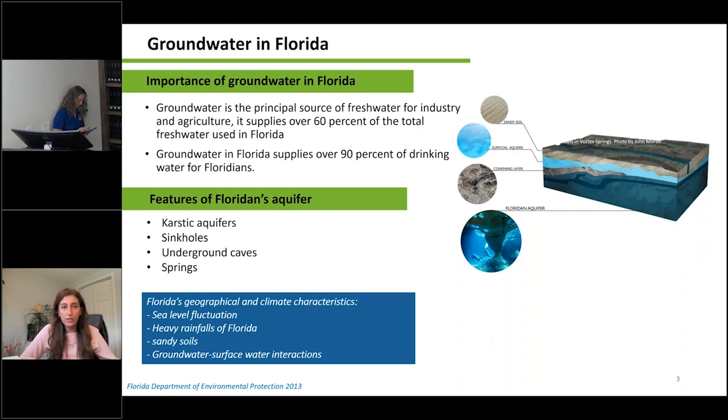Because of this feature, we could say that groundwater is the main source for the water, and surface water is related to it. But those are not the only features I want to highlight. Florida's aquifer is also unique because of its geographical and climate characteristics: the sea level fluctuation, the heavy rainfalls that we have in Florida, and the sandy soils. All of them make Florida's surface water depend on groundwater contributions.